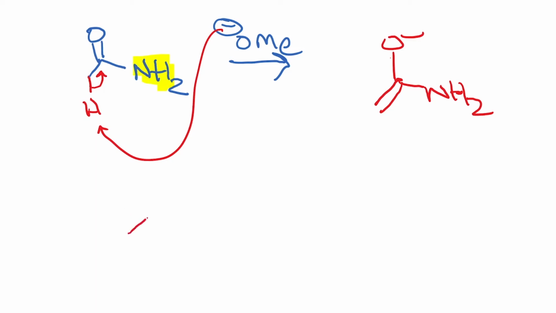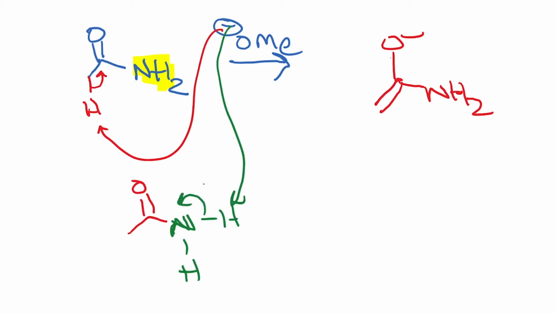So instead of producing this kind of an enolate, what actually may end up happening is that you have NH, and this methoxide now attacks here, and it produces a fairly stable amide anion. So you have C double bond O NH minus.